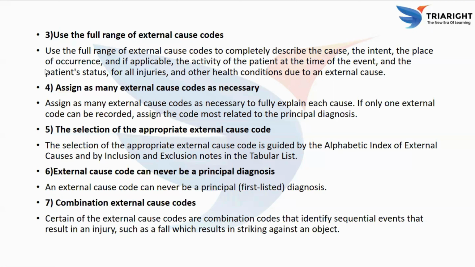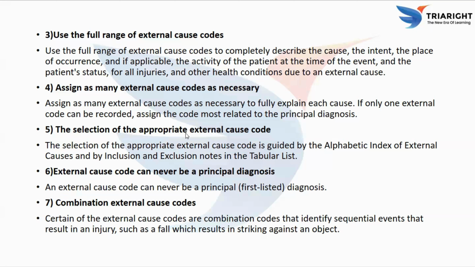And place of occurrence, whether it occurred at home, road, school or workplace. And activity of the patient, whether the patient is working, driving or playing sports. And the patient status, whether he is a civilian, military, a worker or a student. So these details help in injury surveillance and also the prevention programs.